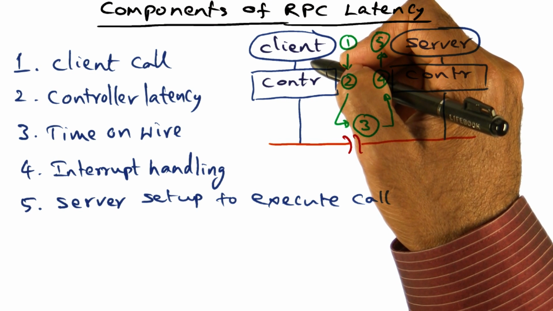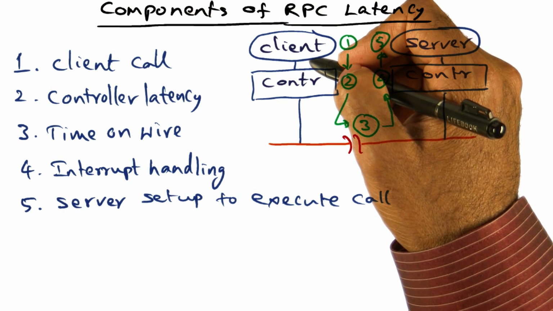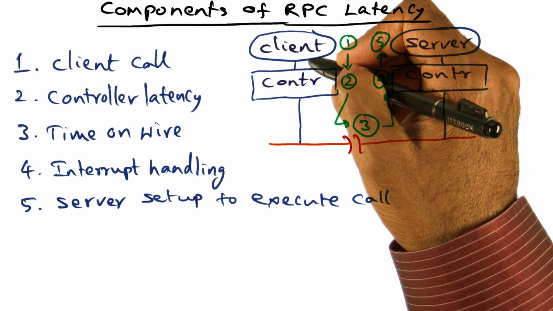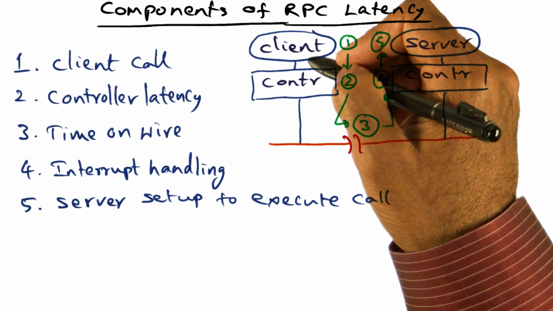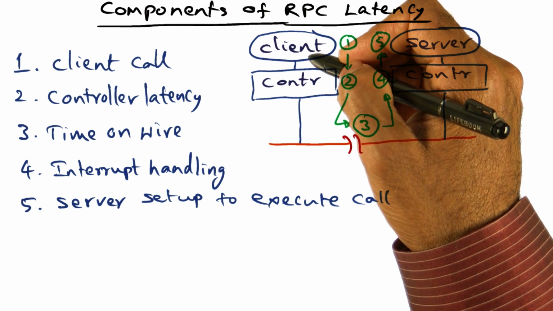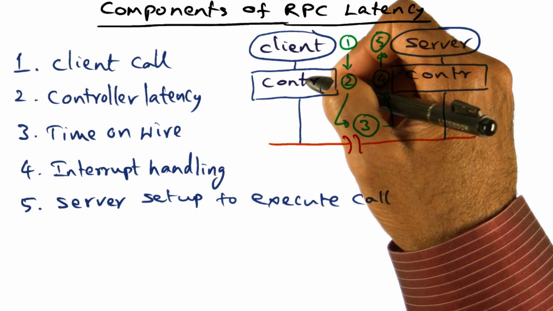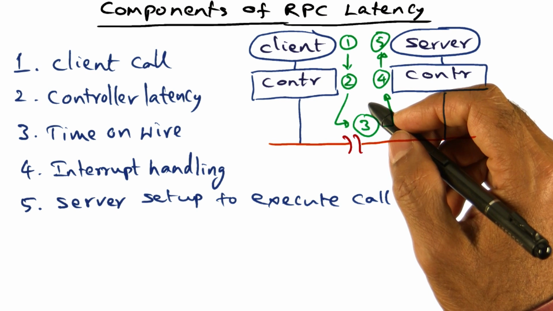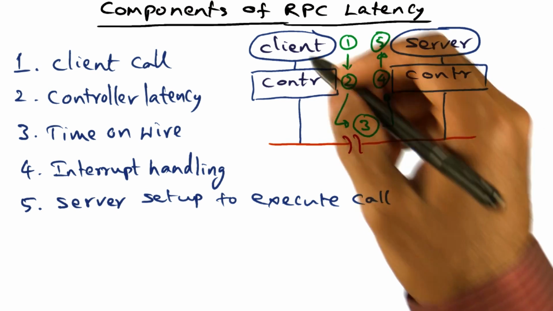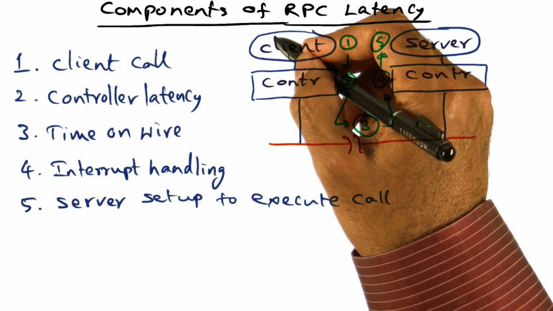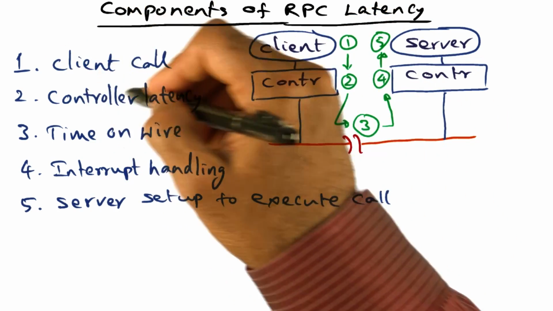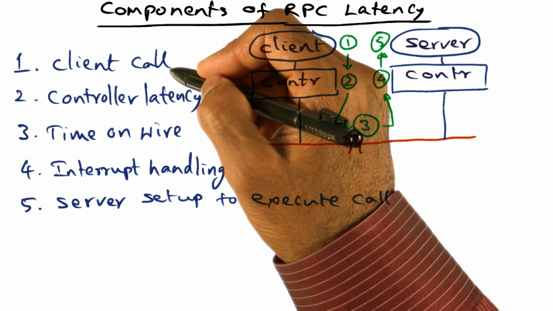And once the kernel has been informed that it wants to make this call, the kernel validates the call and then marshals the arguments into a network packet and sets up the controller to actually do the network transmission. That entire set of activities that the client program and the kernel are involved in getting ready a network packet to send out is subsumed in this one line, which I say is the client call.